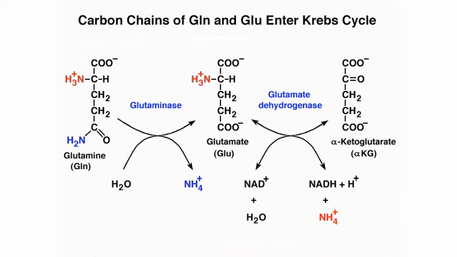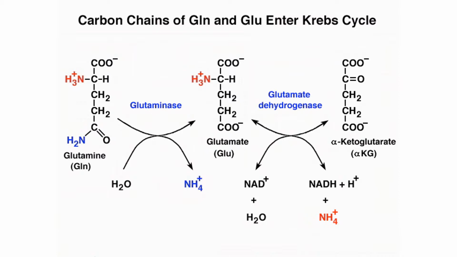Here's a parallel example in which the carbon skeletons of two other amide amino acids can enter the citric acid cycle. The amide group of glutamine is removed as the ammonium ion by the action of this enzyme, glutaminase. Again, the ammonium can enter the urea cycle or be converted again to an organic nitrogen.